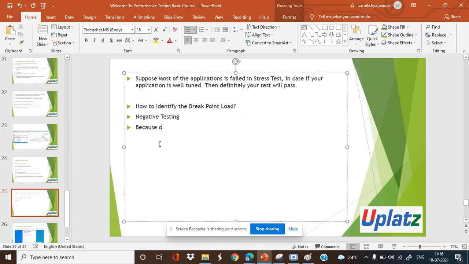Because of the large concurrent user load, there is a high chance of failure in the application.